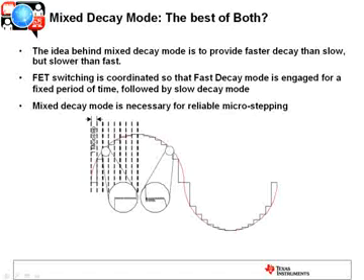Now, the thing to take a look at is on the first portion of that sine wave cycle, as the current is increasing, it's using slow decay. Now this mode that I'm talking about right here is called mixed decay, which is a combination of slow decay and fast decay. So as the winding current is increasing, you use slow decay, and we talked about the advantages of that, which are basically less torque ripple, smoother operation.